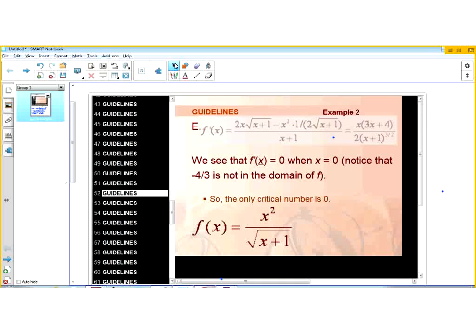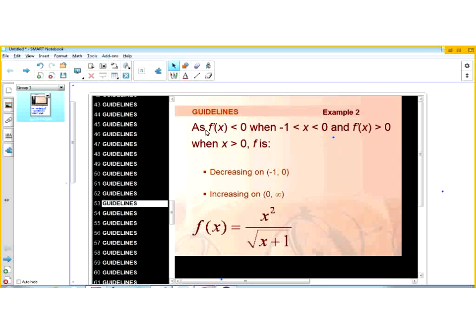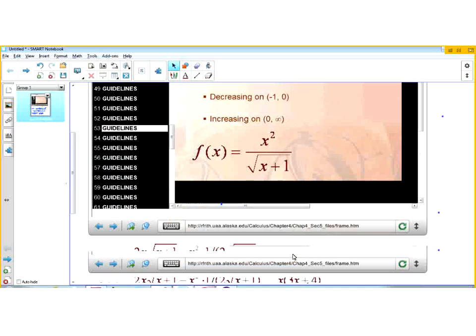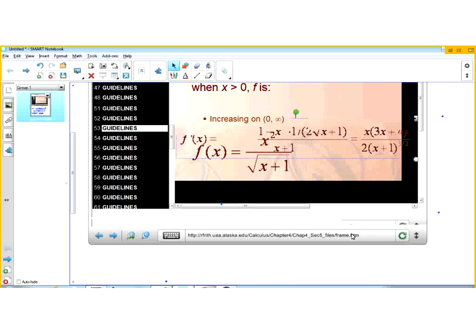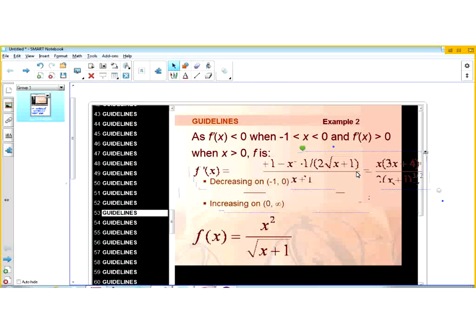So what do we do with that 0? Is it a local min? Is it a local max? Is it neither? Who knows? We go on to the next slide to determine. So let's bring back the formula for the first derivative. For reference, here's the first derivative.